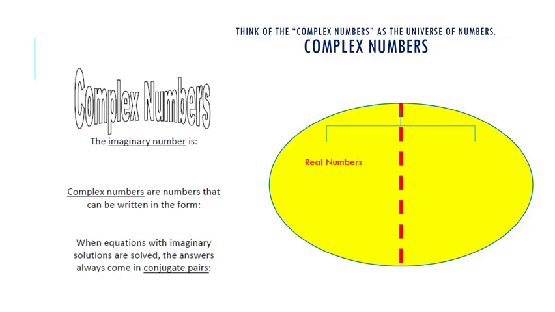Here in the circle we have the real numbers. Real numbers would be like 1/2. They could be whole numbers like 5, numbers like 100, or numbers like 5/4.